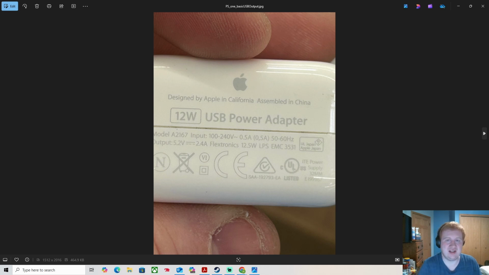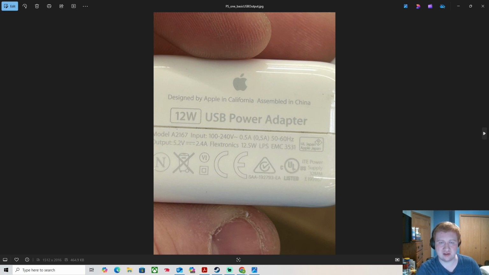Right, because it's AC. So 12 watts is the output power, not the input power. Input power is going to be higher than the output power. So maximum, the supply would draw 240 times 0.5, which is 120 watts maximum based off of the 240 volt.